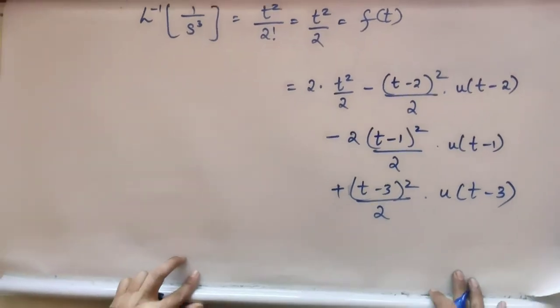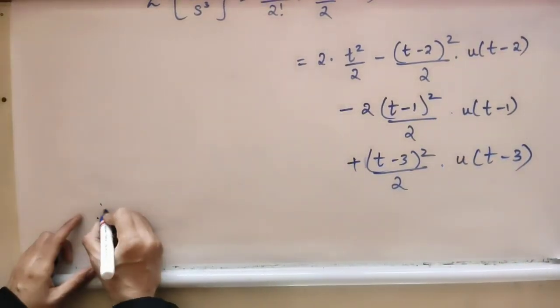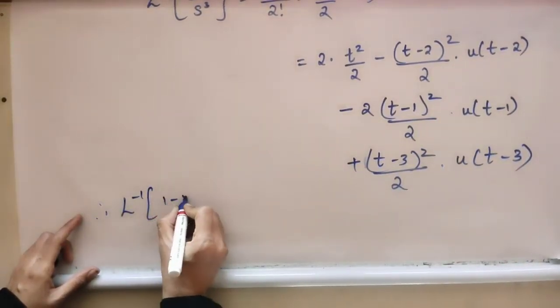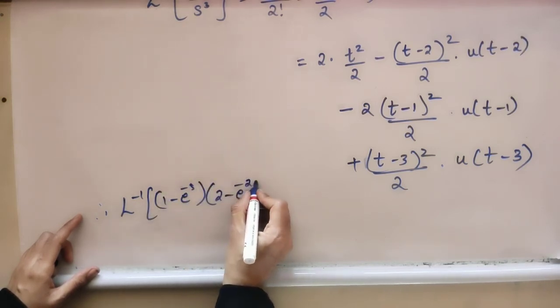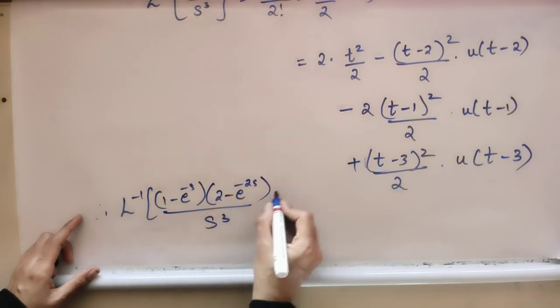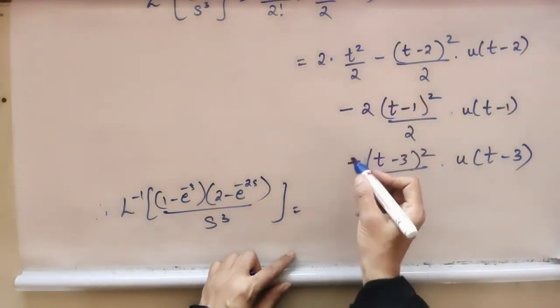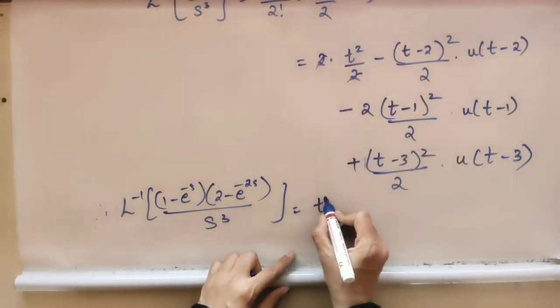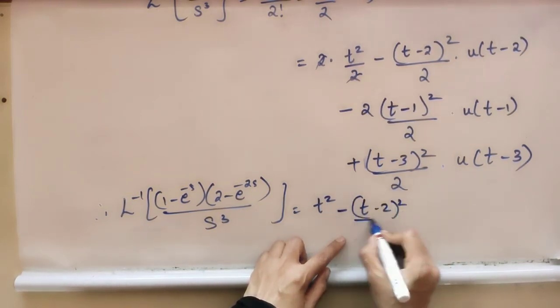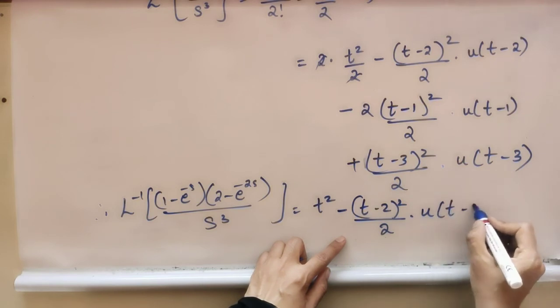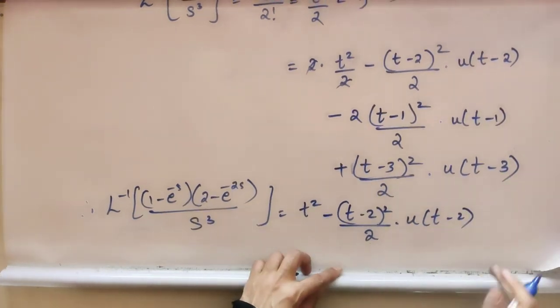You can just sum up everything and write, therefore L inverse of 1 minus e to power minus s into 2 minus e to power minus 2s over s cube is equal to, right from the beginning, here 2 and 2 get cancelled. You will have t minus 2 whole square divided by 2 into u of t minus 2.